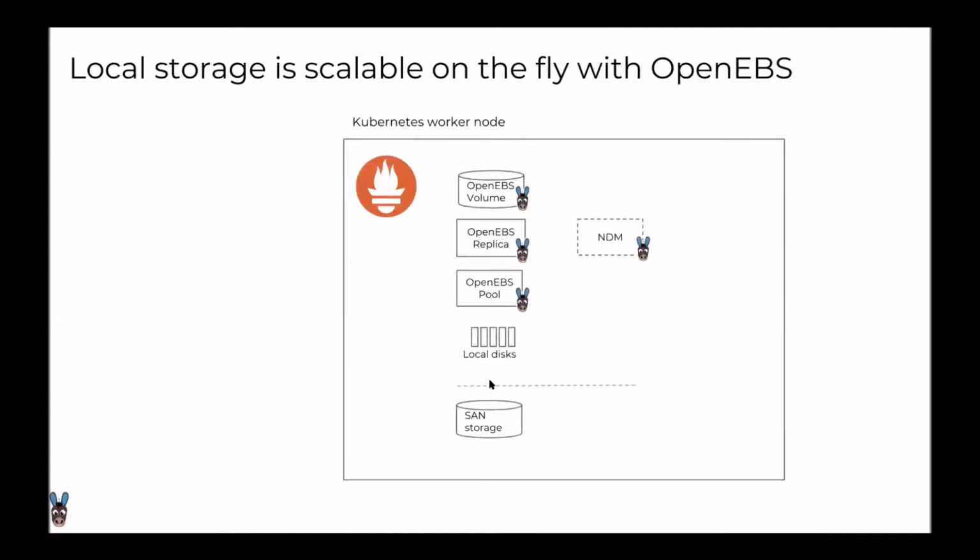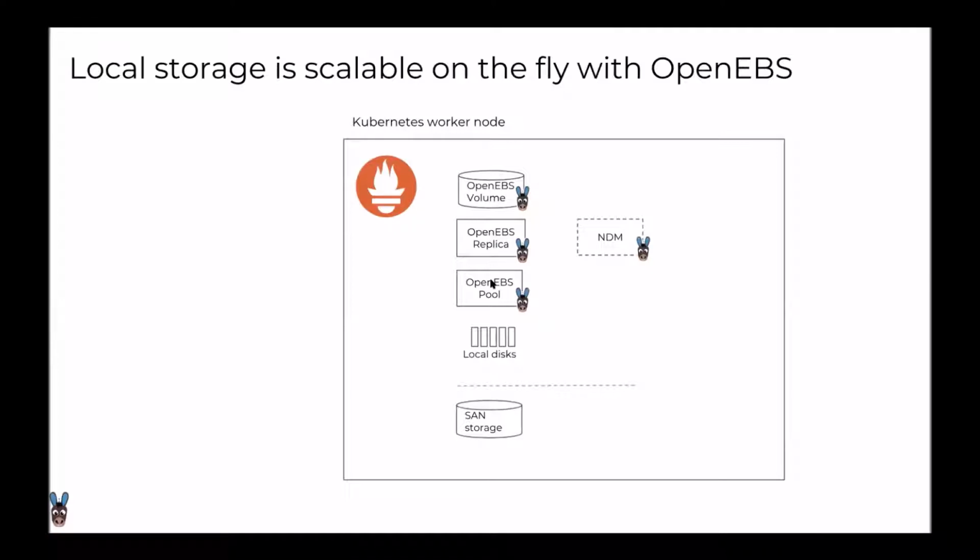And then the next problem that we said we are going to solve, apart from high availability, is the expansion of storage on the fly. When you have a storage volume replica, it writes into the OpenEBS replica, and the replica really is going to write the data into the OpenEBS pools.